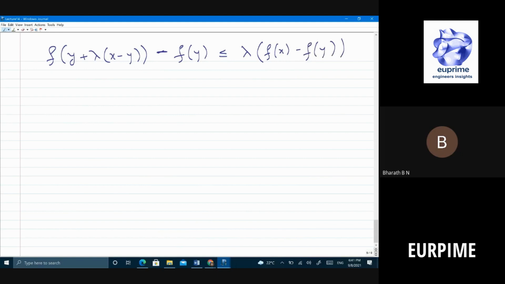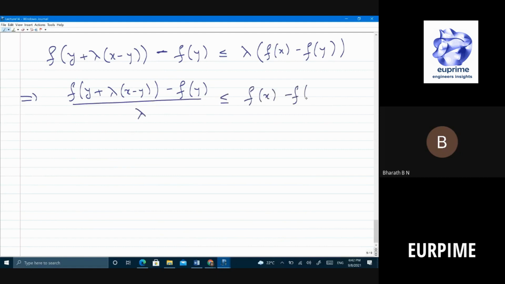Now I'm going to divide it by lambda, right? So what do we have? F of y plus lambda times x minus y minus f of y, divided by lambda, is less than or equal to f of x minus f of y. Is that okay?